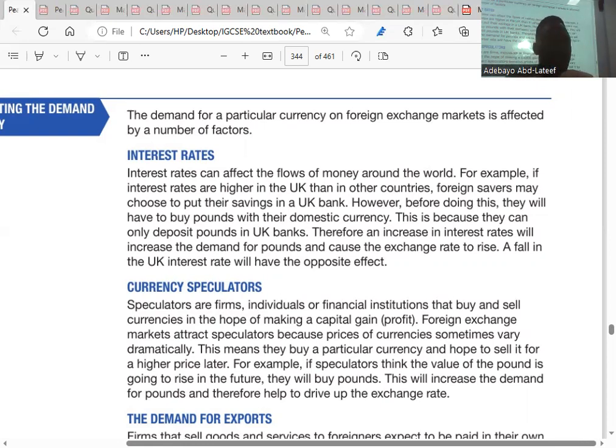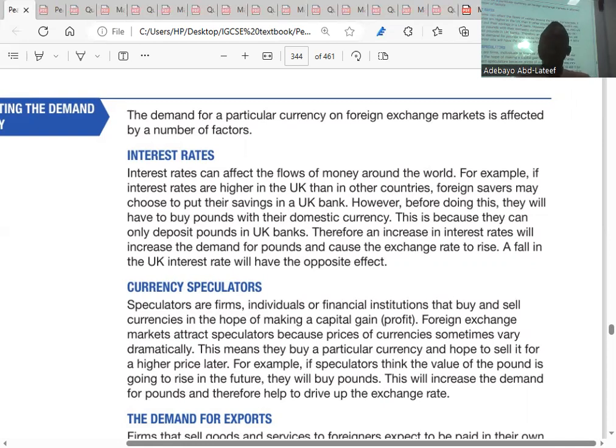So now, instead of using the UK as a case study, we use Libya as a case study. If the interest rate in Libya increases, that means the price of saving and borrowing increases in Libya. So what is the consequence?